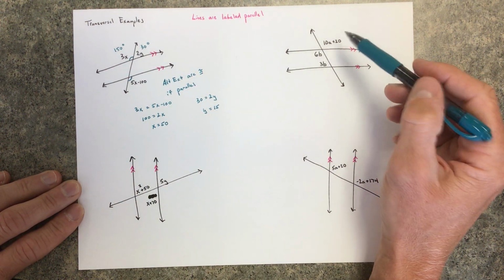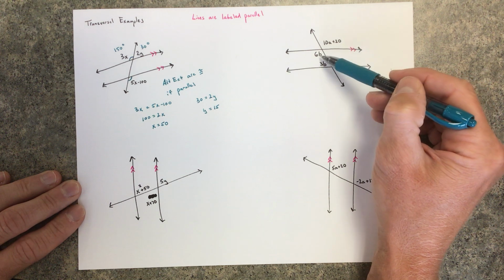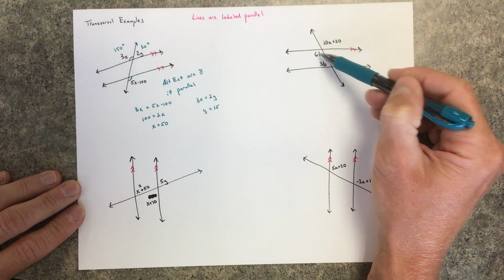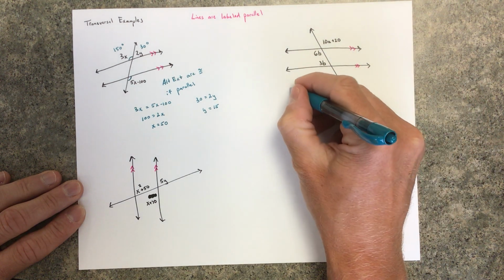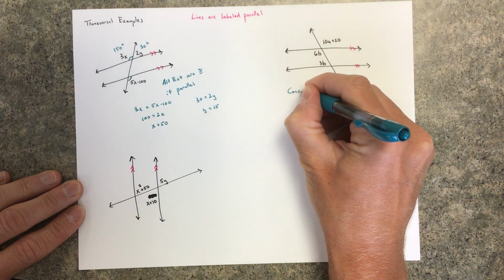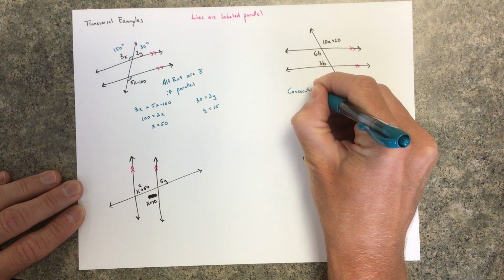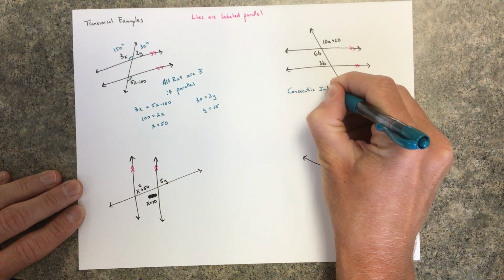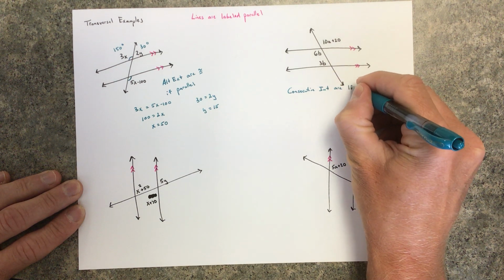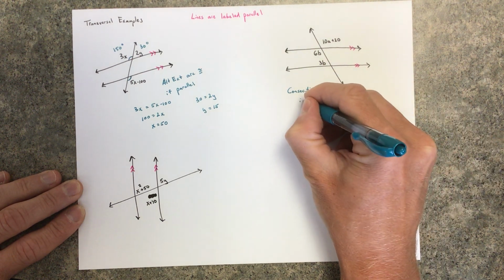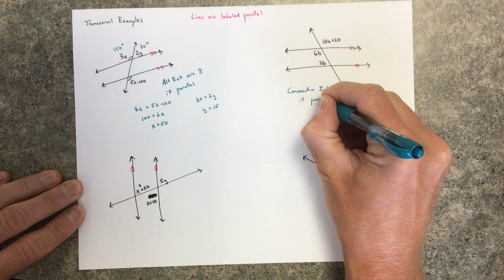Okay, how about this one? So I have 10a plus 20, and a 6b, and a 3b. Well, let's relate those two together. Those are consecutive interiors. Consecutive interiors are supplements if the lines are parallel.